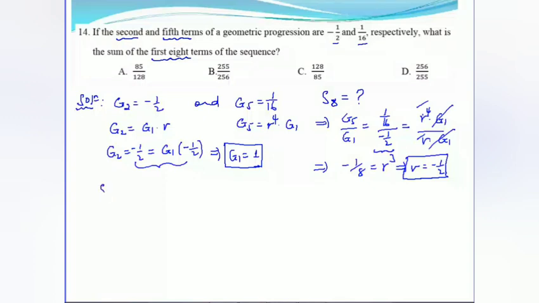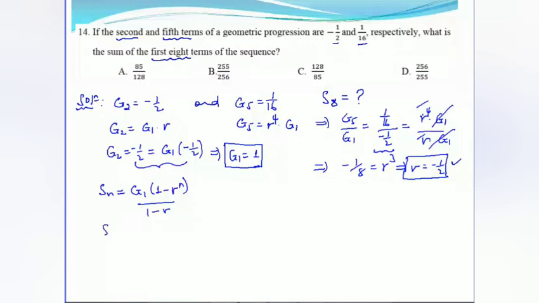Now we will apply the sum of a geometric progression, which is g1 into 1 minus r to the power of n over 1 minus r. Since r is minus 1 over 2, we will apply this formula.